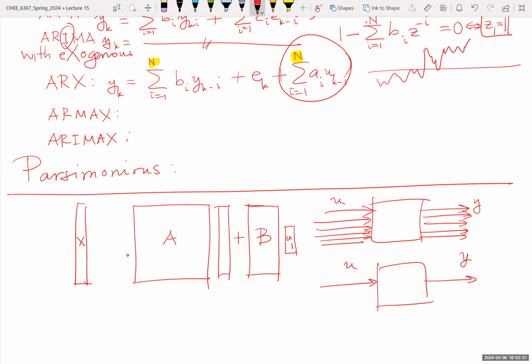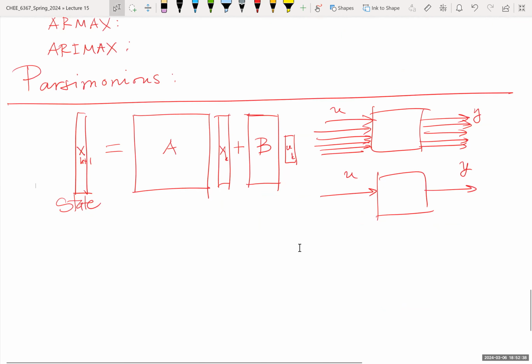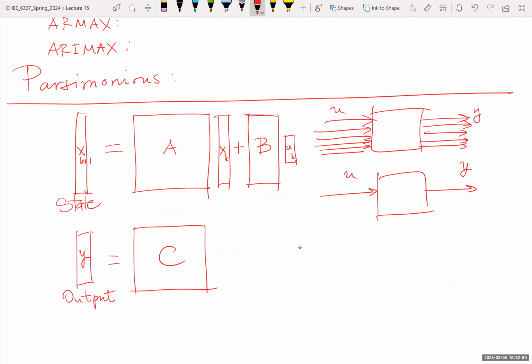So this input is at time k, and this vector is at time k, and this is at k plus 1. It says the next value of the state of the system depends on the previous value of the state plus the previous value of the input. And then the output is an algebraic function of the state at k.